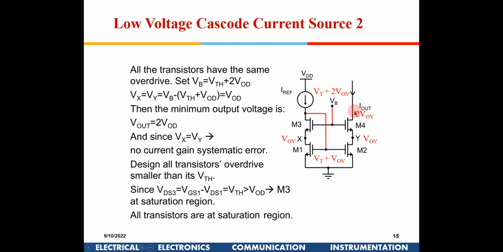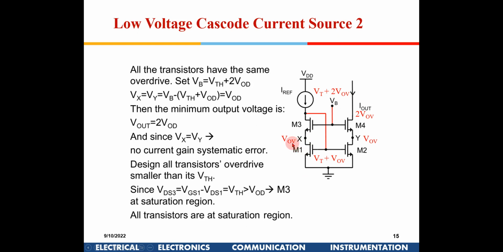So at the output point, 1 VT will get dropped across this for it to be in saturation, so it is 2 VOV, right? So that is okay. It has got a lesser overdrive voltage. And if I consider the voltage at X, here the drain is not connected, so for this to be in saturation, the voltage between the drain and the source will be VOV.